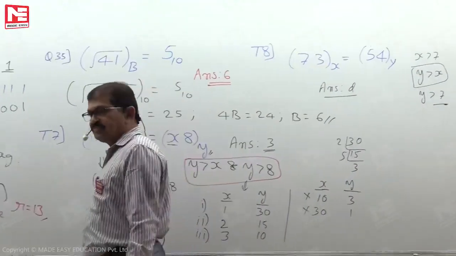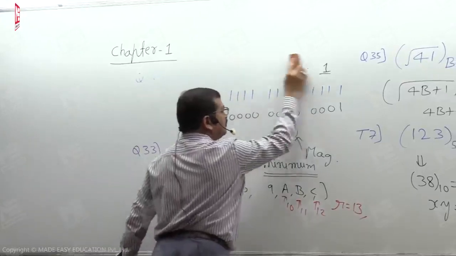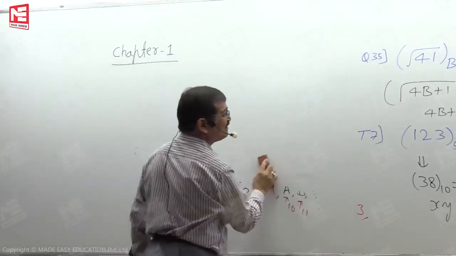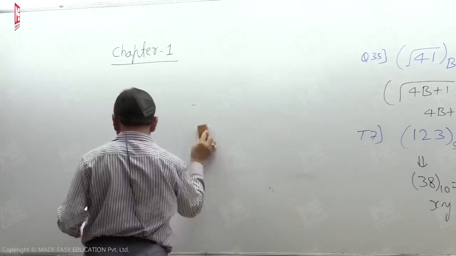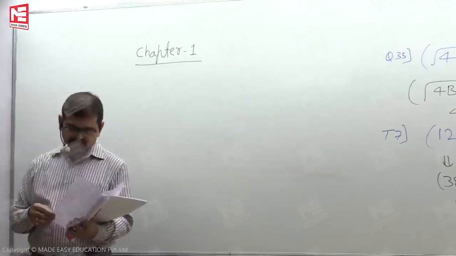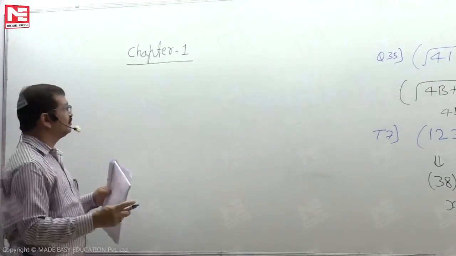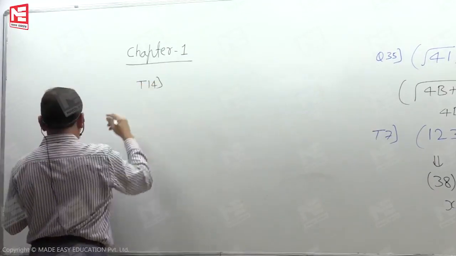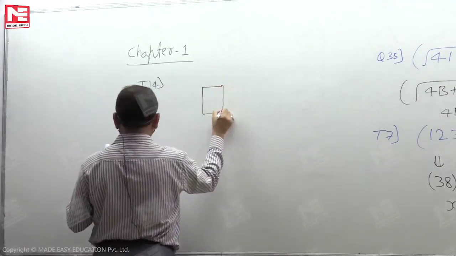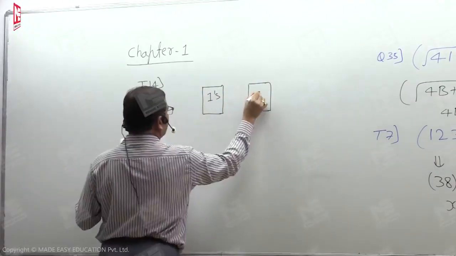Come to the next question, T14. We are having a system S. The system S consists of a block of 1's complement and a block of 2's complement.